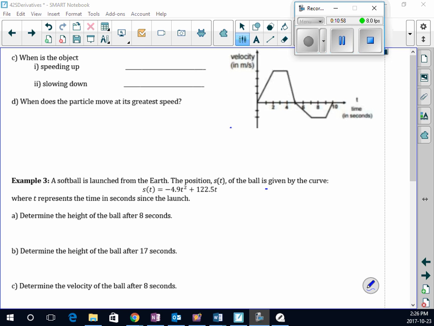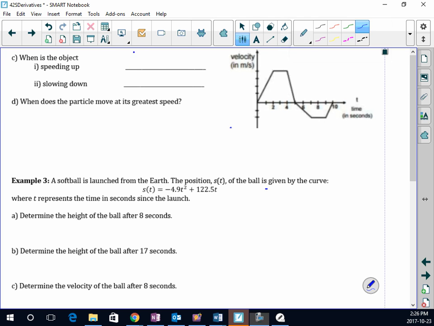So that would be right here, 0 to 2, and there's no other positive velocity. So let's look at, well, there is here, but then it's a negative slope. What would be happening right here? That would be slowing down because it's a negative slope but positive velocity. So that would be 4 to 5.